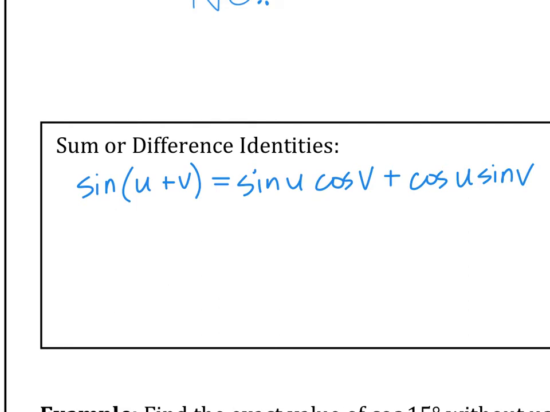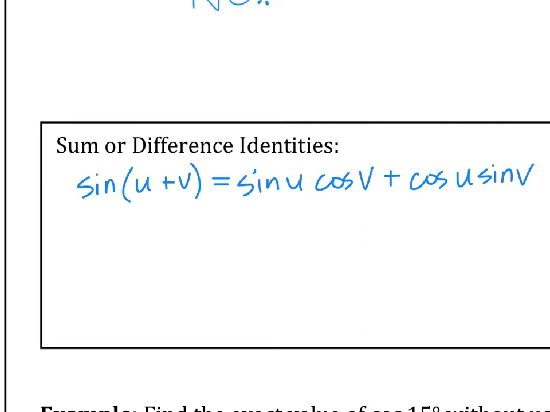I'm going to tell you how to memorize this in a very quick way, but for now, just write it down. If you have sine of this angle plus that angle, you cannot distribute. You have to use this formula.